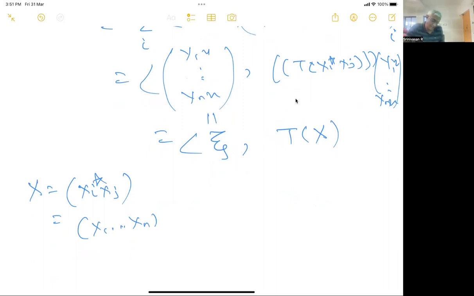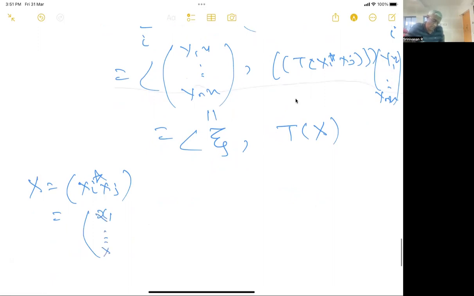No, it's the other way. Oh, it's right. When I take the star, it will be that. It is just the row x_1 up to x_n star, same thing, x_1 up to x_n.